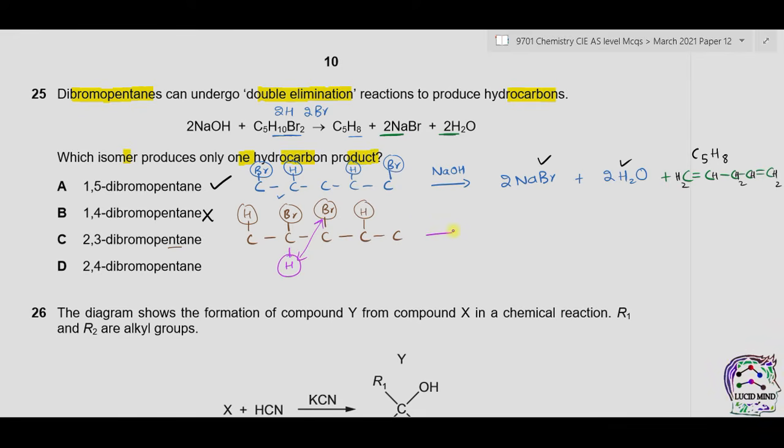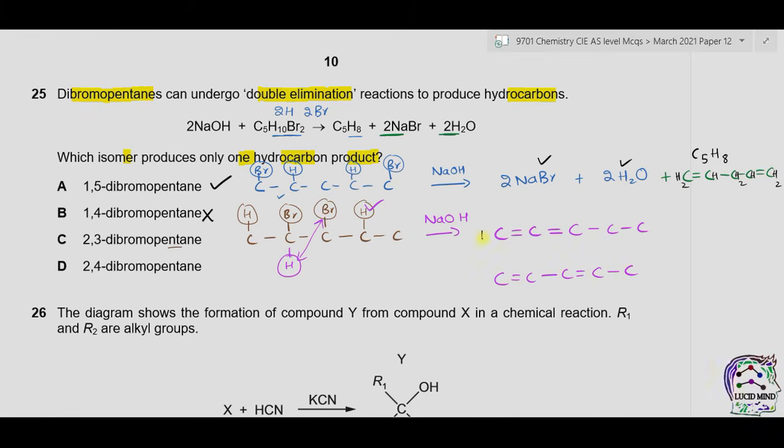The possible products will be like this. We have double bond between first 2 carbon atoms, and then if this hydrogen is removed along with this Br, then double bond is present between these 2. And if this hydrogen is removed along with this Br, then we have this structure as product.